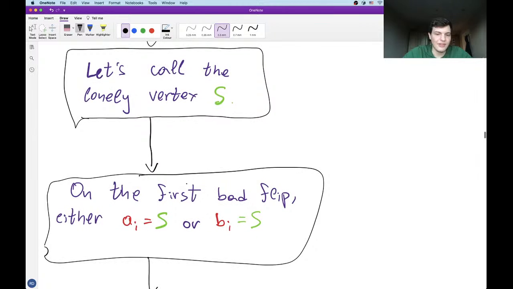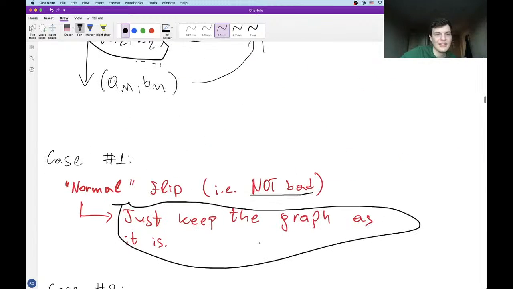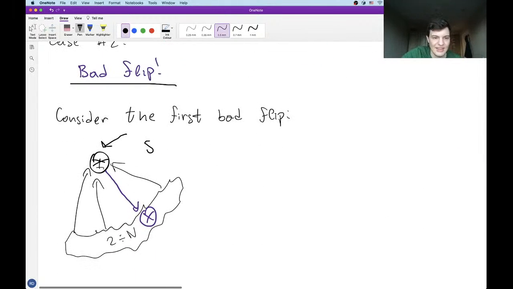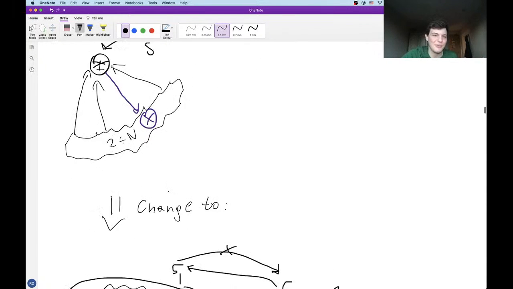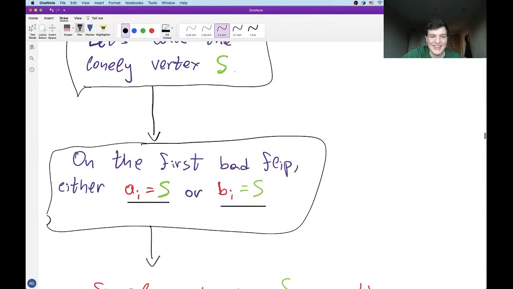On the first bad flip, either A1 will be equal to S or B1 will be equal to S. That's clearly true, because on the first bad flip we definitely had a flip from 1 to some other vertex X. This means that either AI is equal to 1 or BI is equal to 1. So at least one of the vertices in the first edge should be 1.